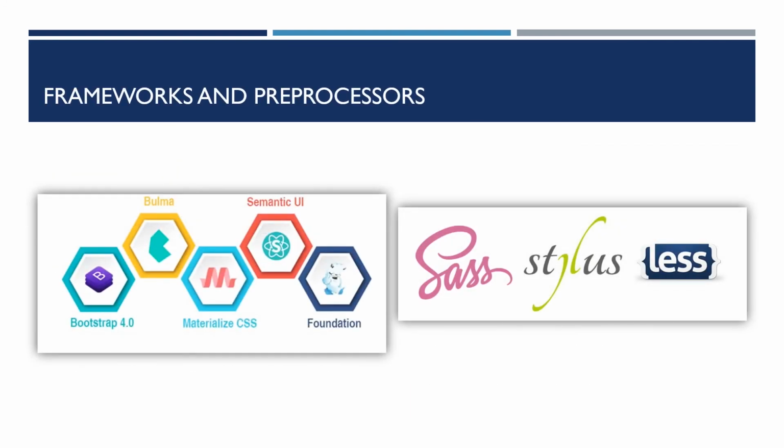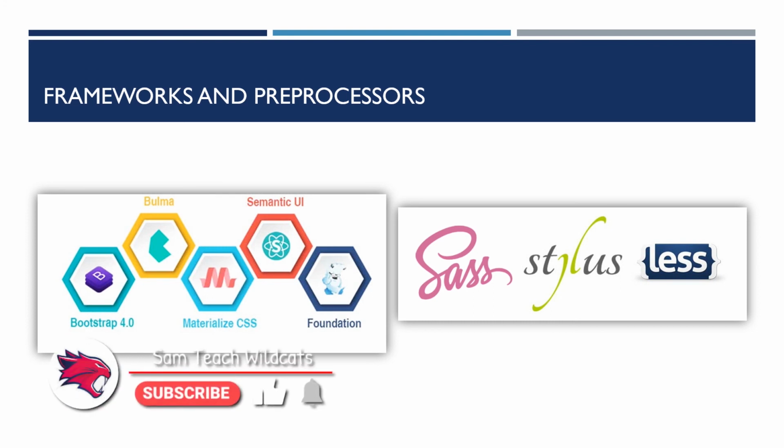But in this part, we can have different options. The first one is to implement your design directly in the CSS language, but you have other options. For example, you have the preprocessors, which are an option to construct CSS more similar to a development language, and you have the options Sass, Stylus, and Less.